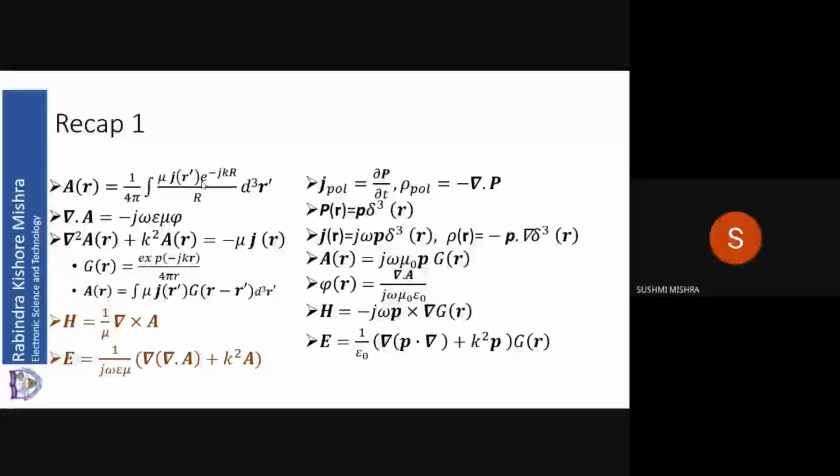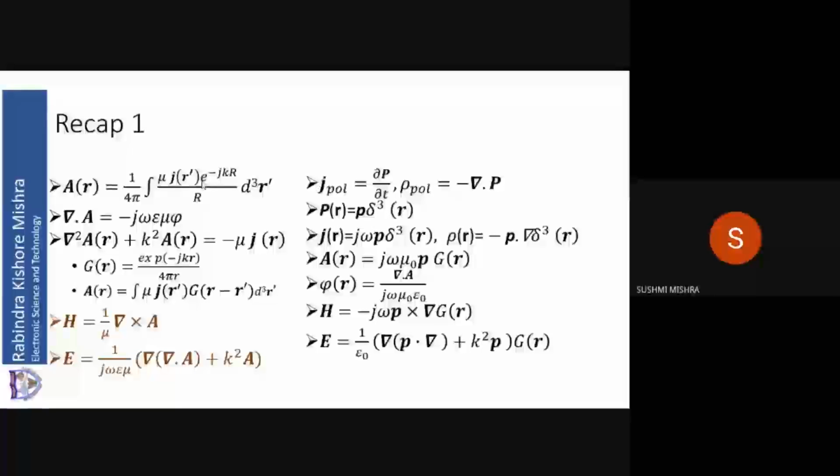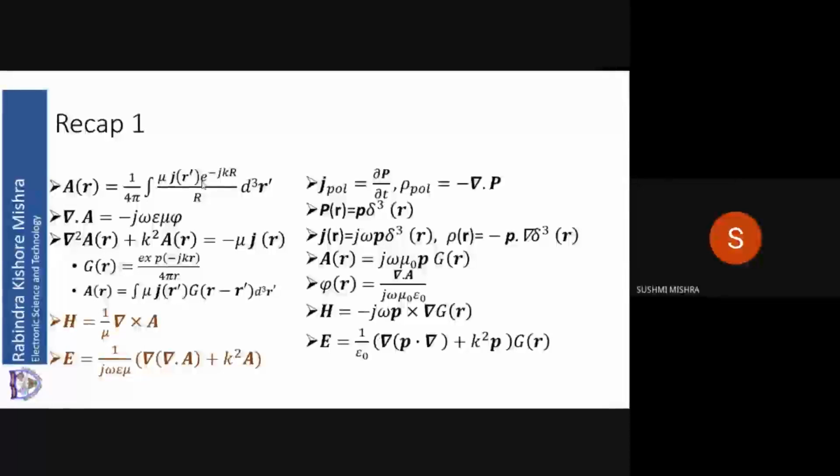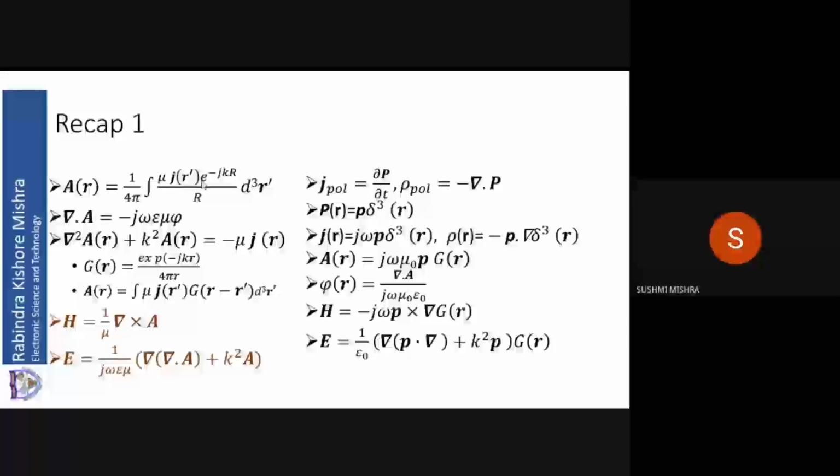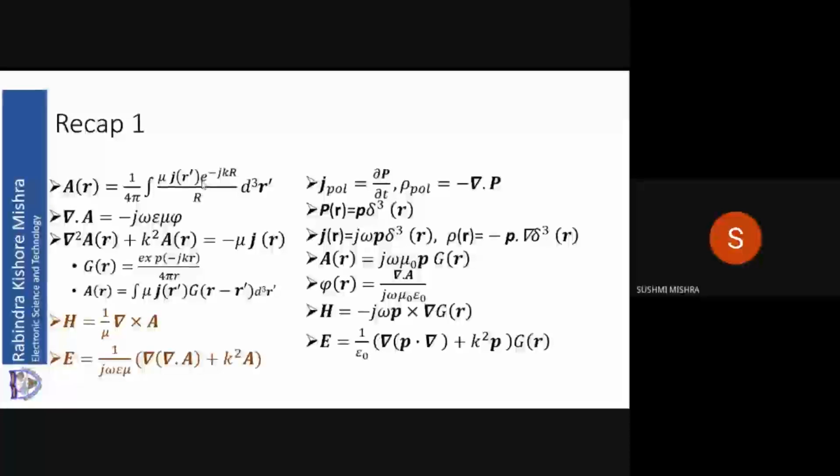Then we saw that once we go to time harmonic field, the Lorentz condition becomes simplified. The Lorentz condition now becomes divergence of A is equal to minus j omega epsilon mu phi. Using that, the time domain equation for the vector field reduces to a simple wave equation, del square A(r) plus k square A(r) is equal to minus mu J(r).